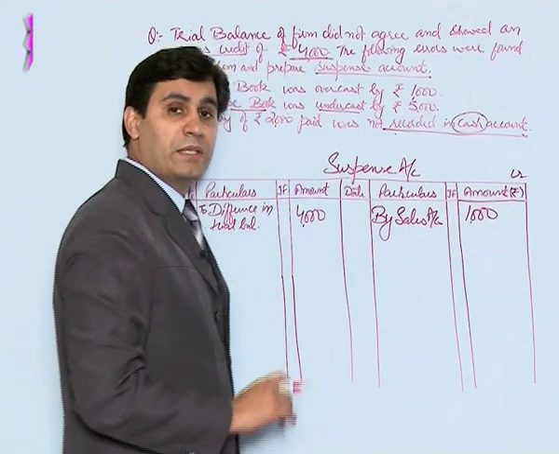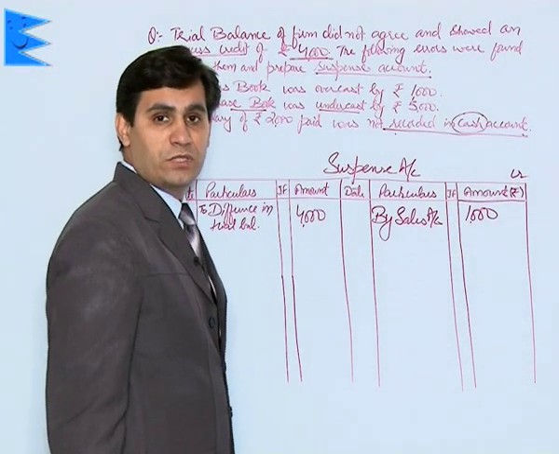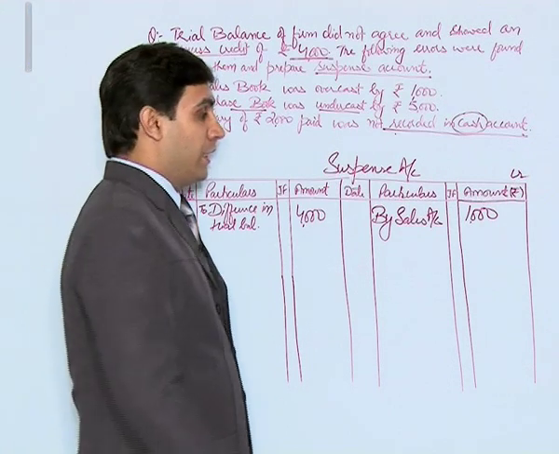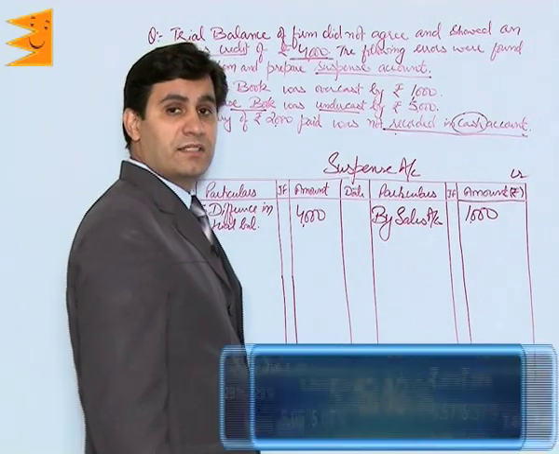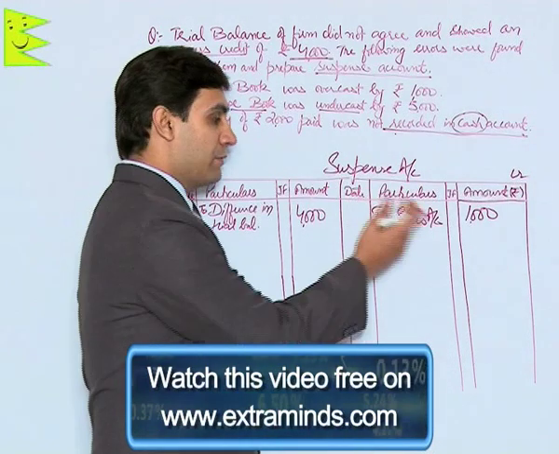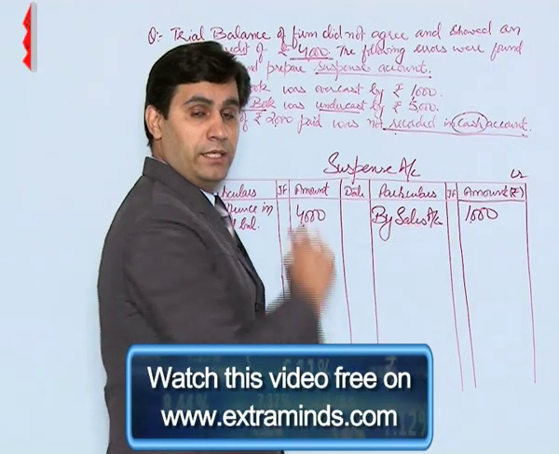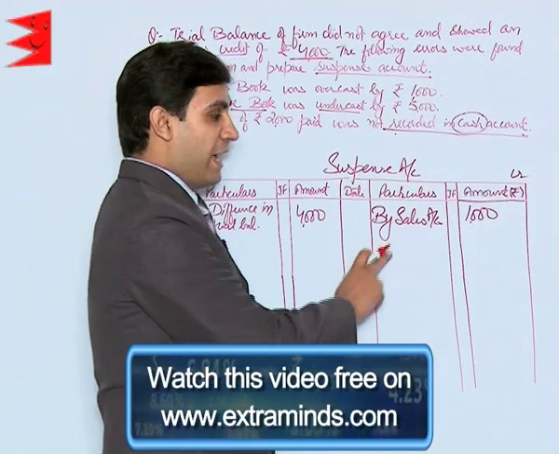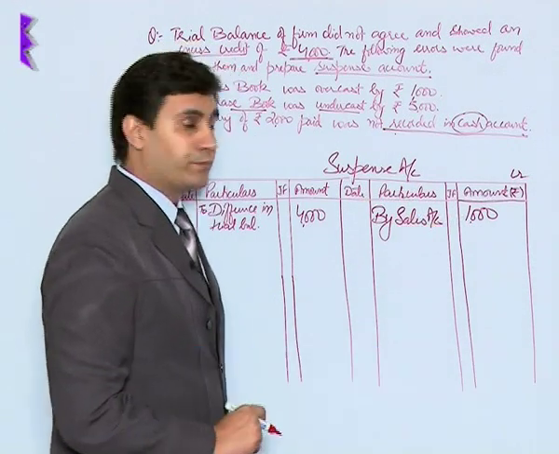Again, remember that we are following the same rules of ledger posting as we had done earlier. In this particular entry, that is sales to suspense, the suspense account was credited. So the posting has been made on the credit side by sales 1000.